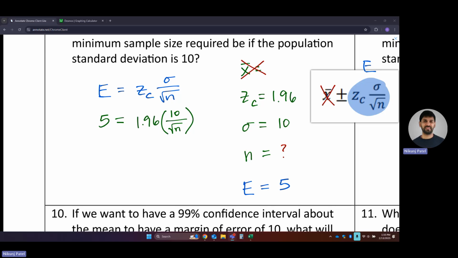So when I apply those operations, if this is multiplication, I divide on both sides. So when I divide on both sides, I would do 5 divided by 1.96. And I'll divide here by 1.96, and that will cancel those two out.